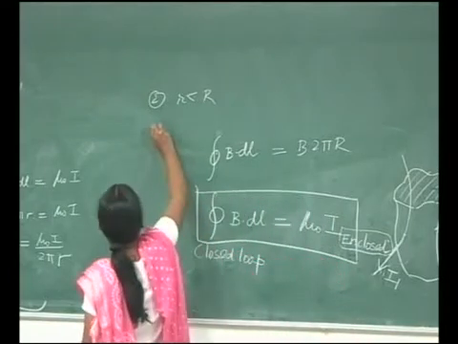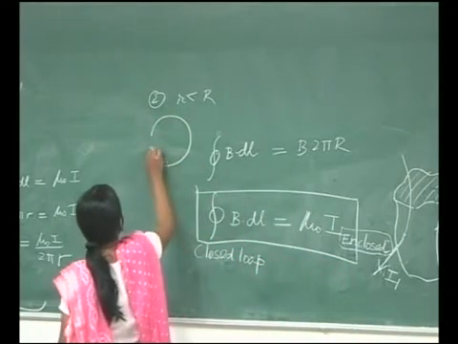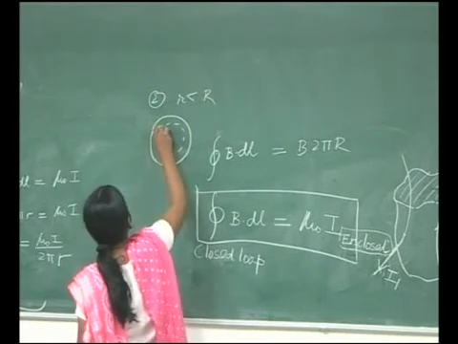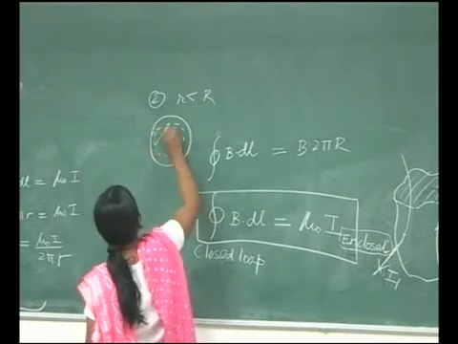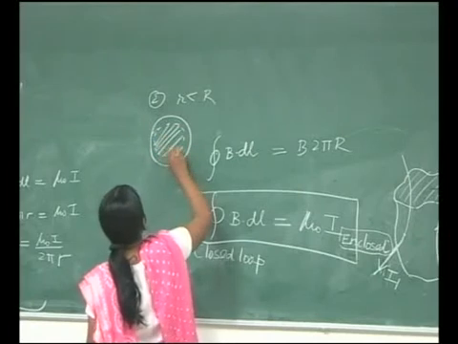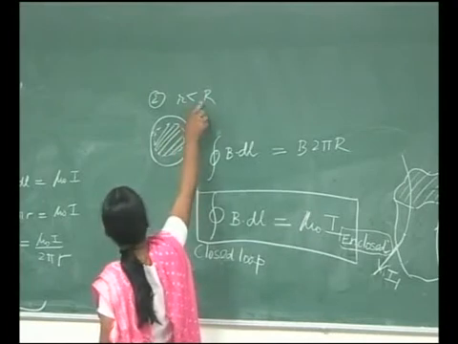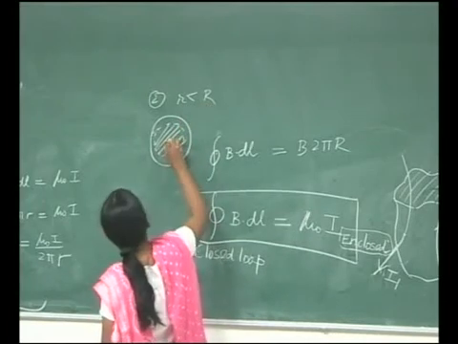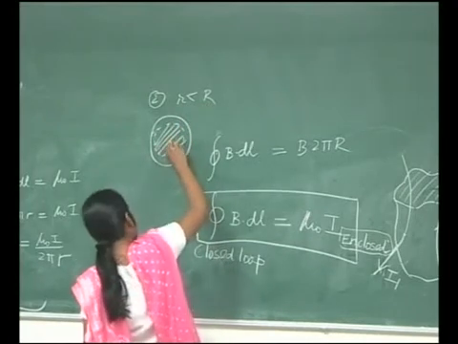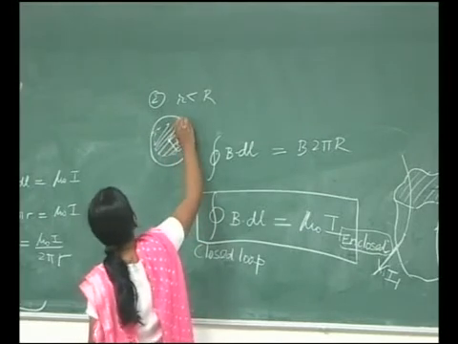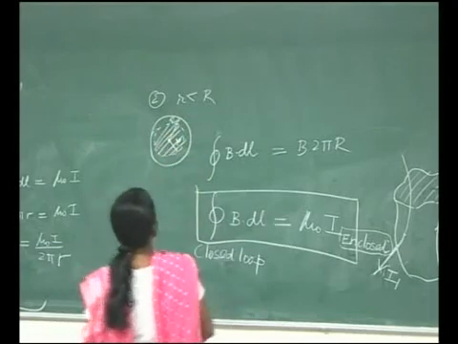Now I again draw this surface and I take a loop inside. Now my area is this. Because r is less than R, my area is this, and this is small r and this is capital R. Is it clear?